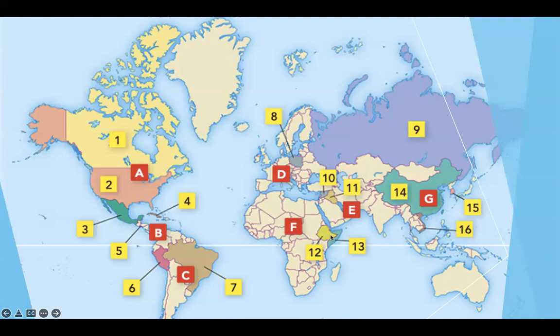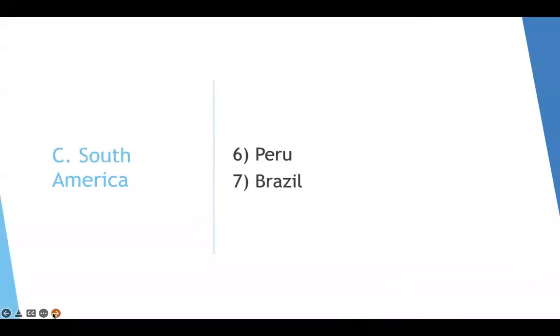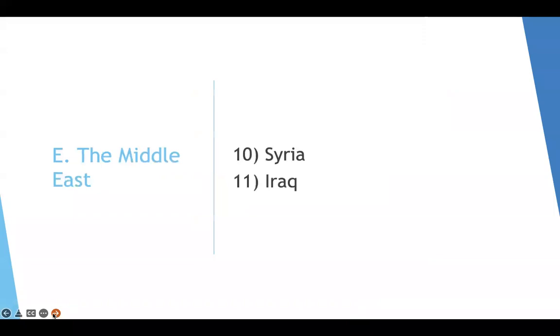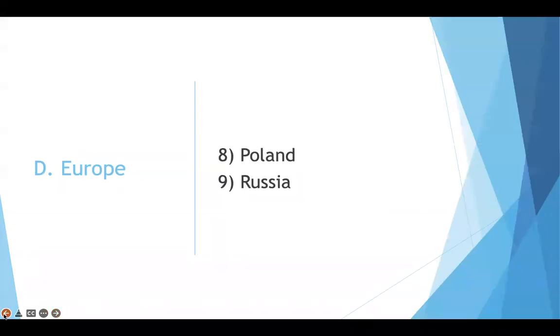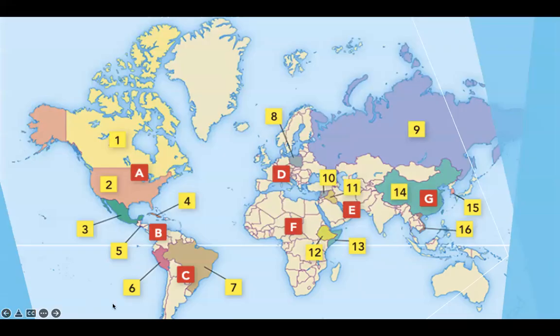All right, what region is labeled by letter E? So you can think it's kind of in the middle. So this one is the Middle East. And the 2 countries I have labeled are Syria and Iraq. So we have Syria and Iraq.